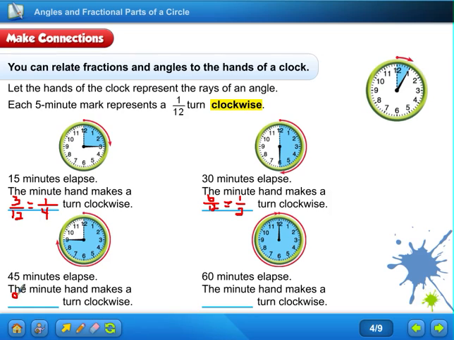It is 9 12ths, which also equals 3/4. 60 minutes elapsed. So we know that that is the whole thing. So the whole thing would be 12 twelfths, or 1 full turn.